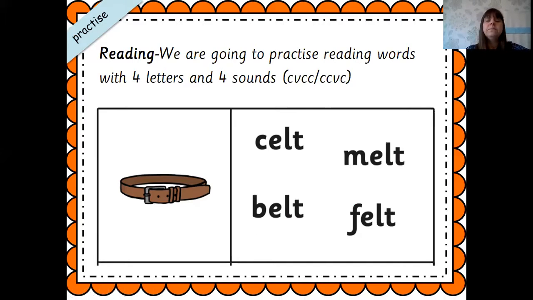Shall we just check? Let's sound the word out now. B-E-L-T, belt. You are a superstar. And again, if you'd like to just draw a line or a circle, it's entirely up to you. You have 2 more of those to do on the next 2 pages.